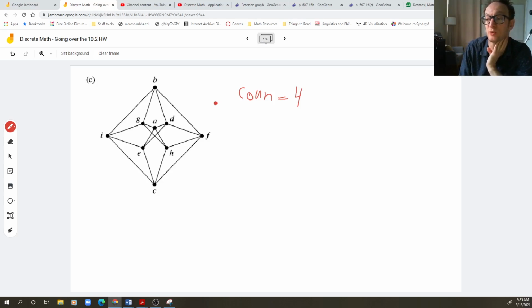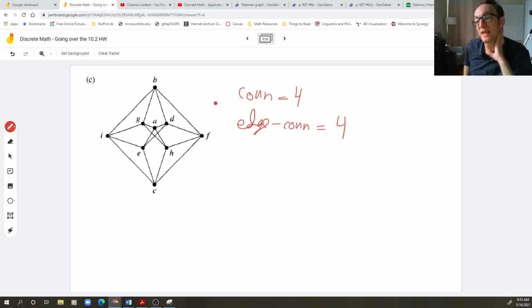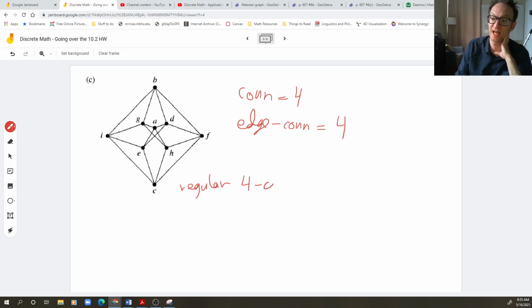I hope that's true because if it's not, I'm just dumb. And the edge connectivity here is also 4. This graph is highly regular. Again, the degree of every vertex of this graph is 4. This is a regular 4 graph, but it's also a 4 connected graph because the connectivity is 4.